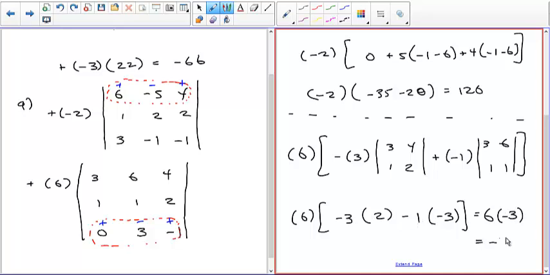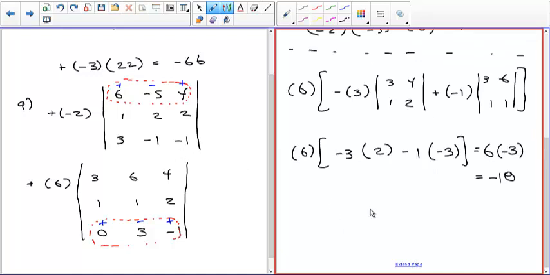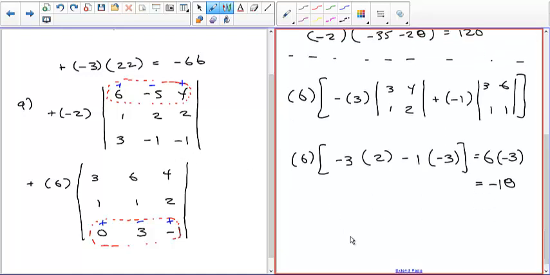So we get negative 18 from this second part. So the total is going to be 126 from this one, and minus 18 from that, which is 126 minus 18, 108. So that's the determinant of the original 4x4.